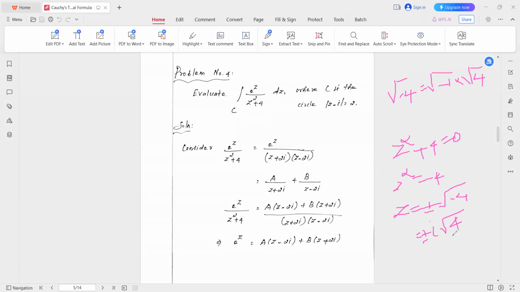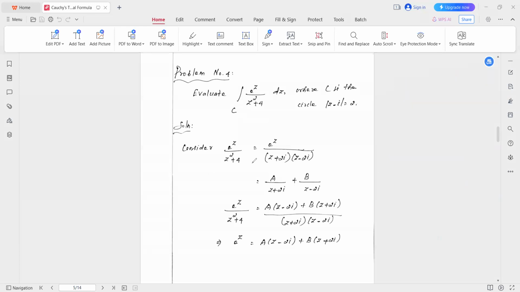The value of square root of minus 1 is i, and square root of 4 is 2. So z is equal to plus or minus 2i. One value is plus 2i and another value is minus 2i. Therefore z square plus 4 is rewritten as z plus 2i into z minus 2i.